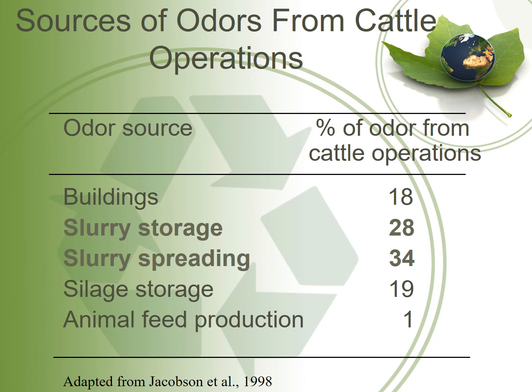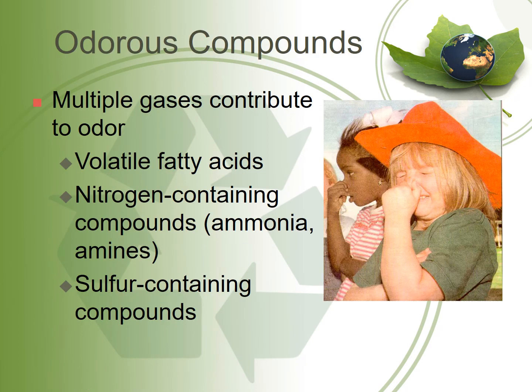So when we're looking at sources of odors from cattle operations, you can see that the way that slurry is stored and spread is where the highest odor comes from. After that, it's buildings, silage storage, and then just animal feed production. So multiple gases really contribute to odor.